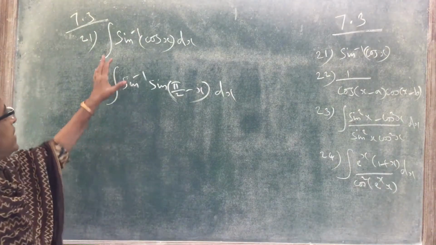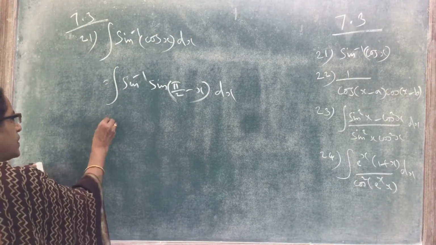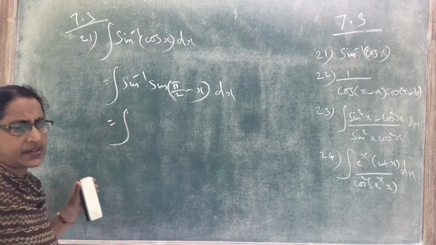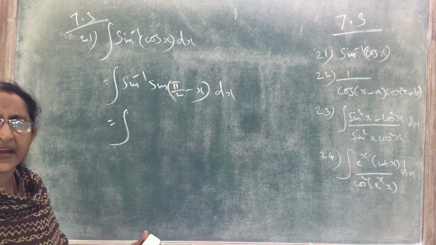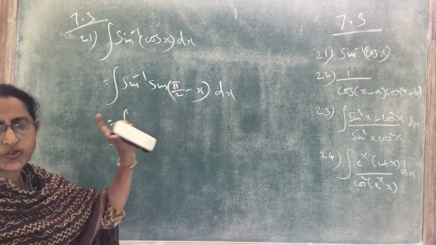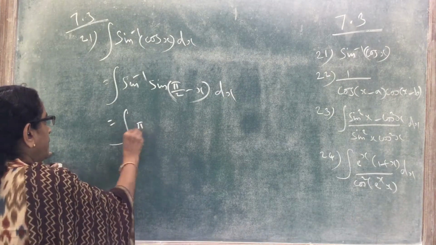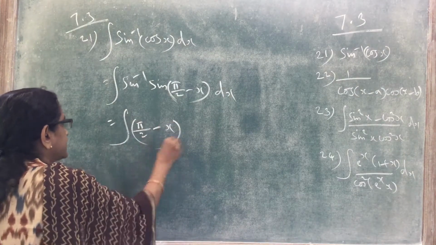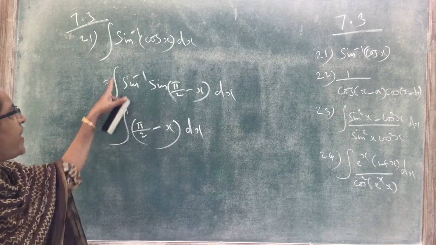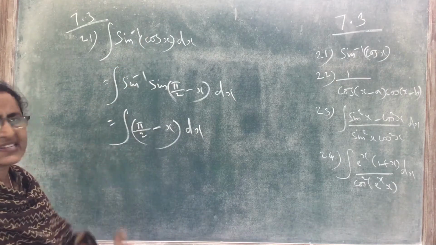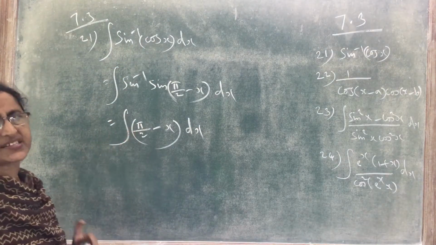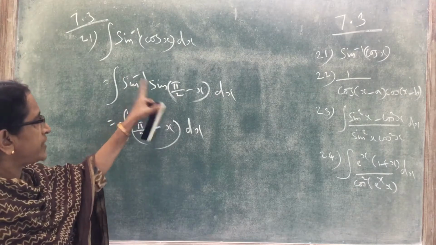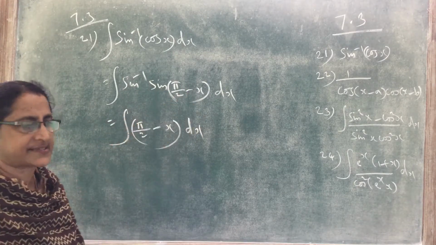Then this is equal to integral of sine inverse sine, which will be simplified and become only pi by 2 minus x, dx. So the function sine inverse cos x is simplified into pi by 2 minus x.